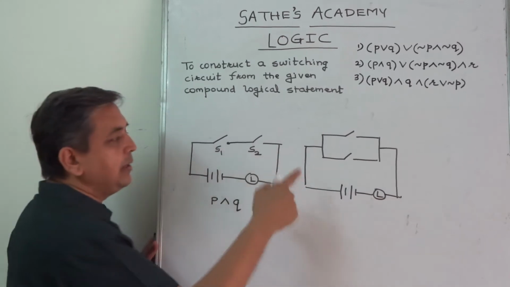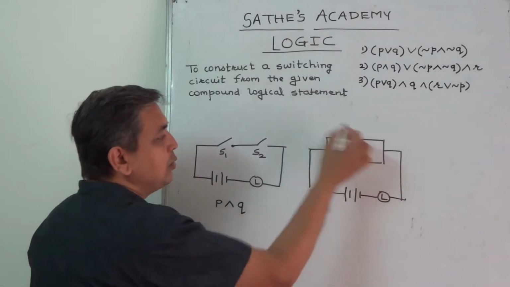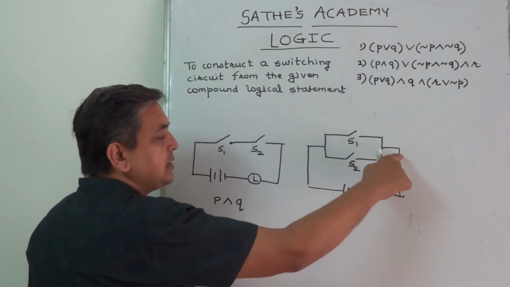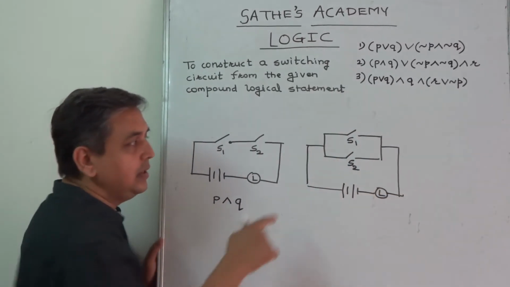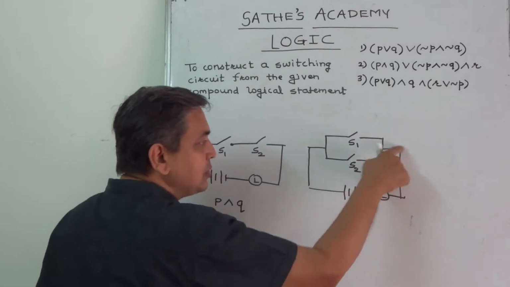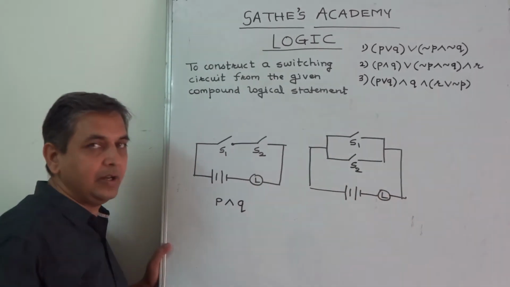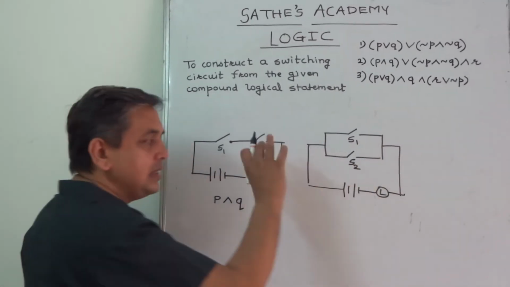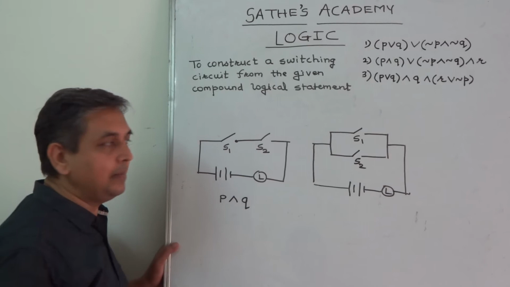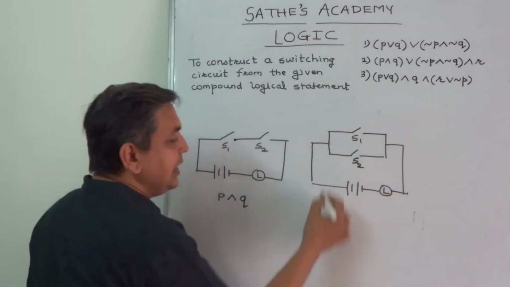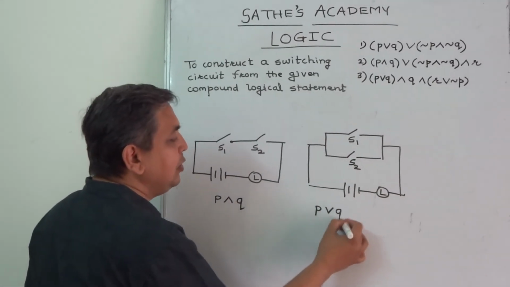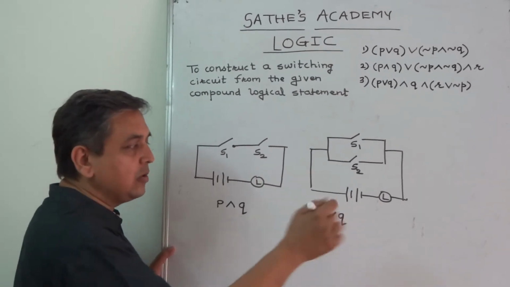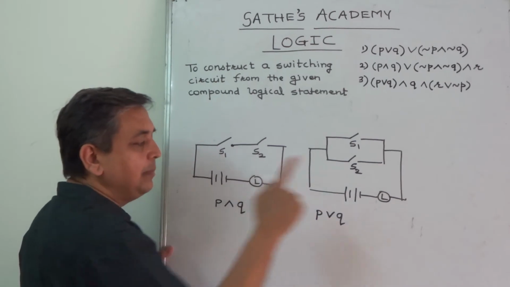Now in this case what happens? If switch S1 is closed and S2 is open, still the circuit will get complete and the bulb glows. If switch S2 is closed, still the circuit will be complete and the bulb glows. And if both are closed, still the circuit will be complete and the bulb glows. So it is like P or Q. P is closed or Q is closed or both are closed, the circuit gets complete and the bulb glows.